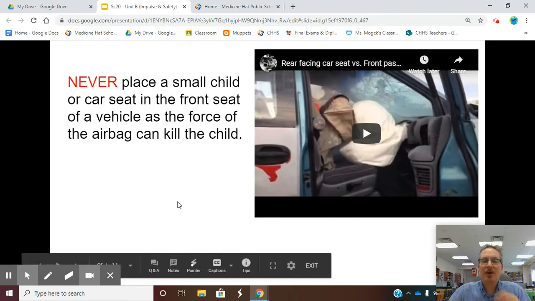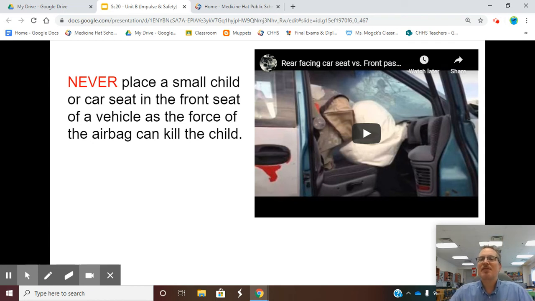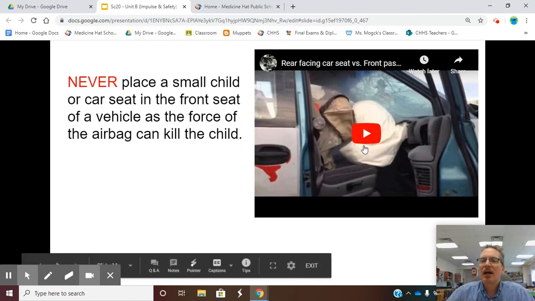Now, the one thing I want us to realize is no matter what type of airbag we have, even this tertiary or third level airbag, you never place a small child or car seat in the front seat of your vehicle because the force from that airbag can still kill that small child.